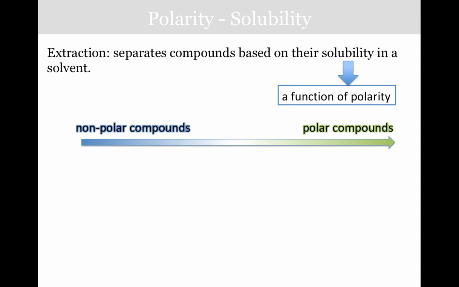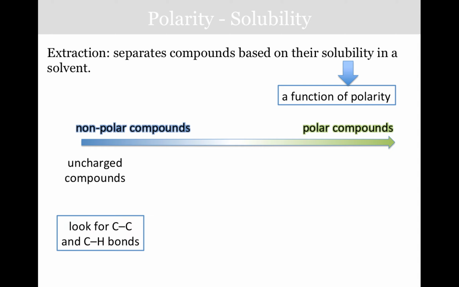So uncharged compounds are going to be mainly nonpolar compounds. Look for carbon-carbon and carbon-hydrogen bonds. And they are found in alkanes and most hydrocarbons, so they are mainly nonpolar.